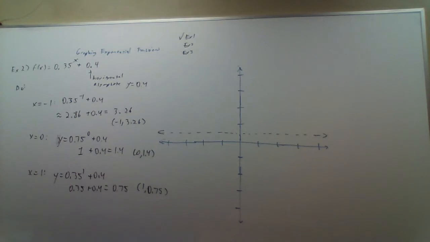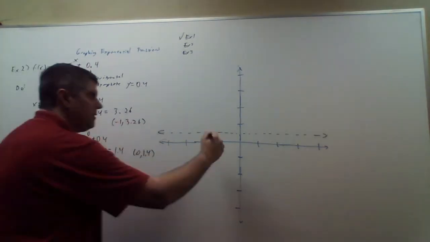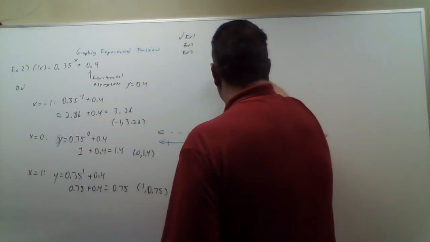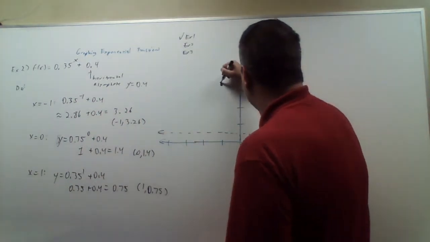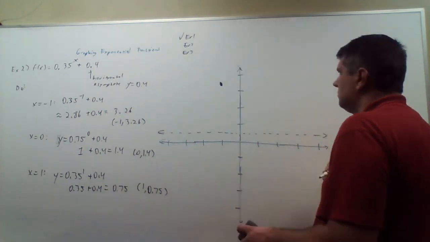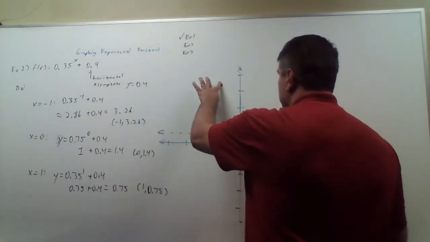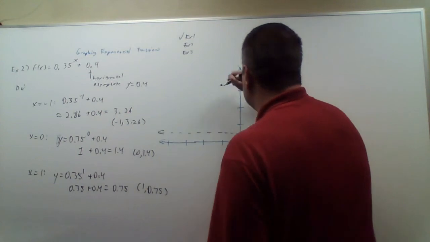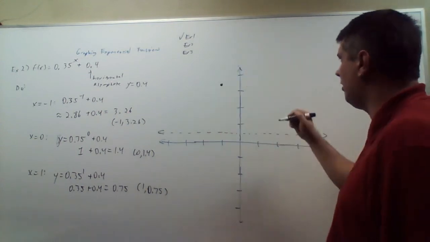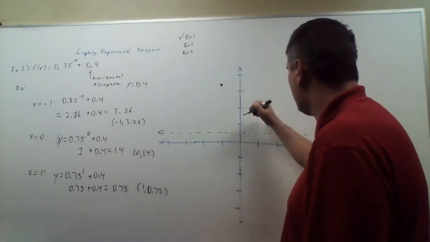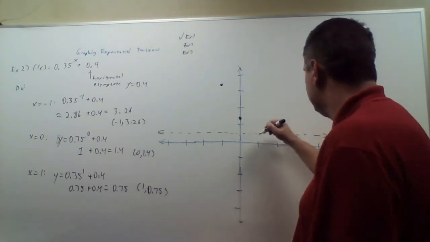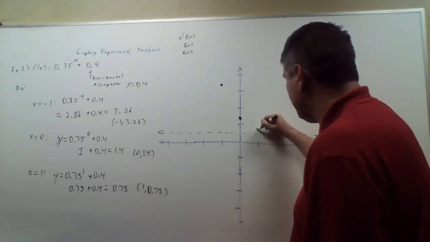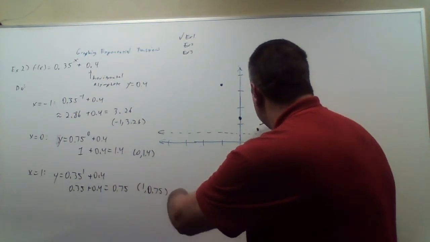Having plotted the asymptote, we'll take care of the points. -1 and just a smidge above 3 1/4, maybe about right here. Then 0, 1.4, and 1, and about 3/4 of the way up.